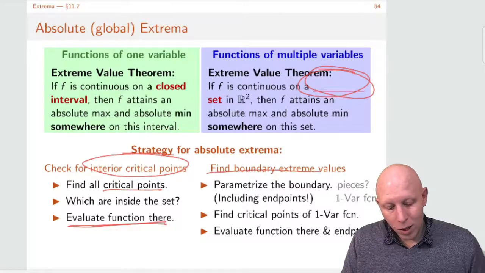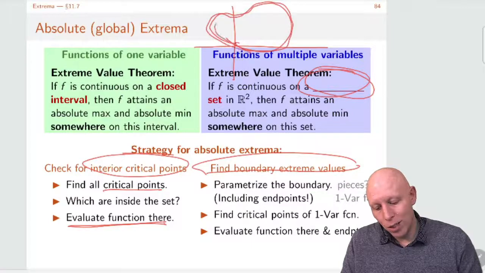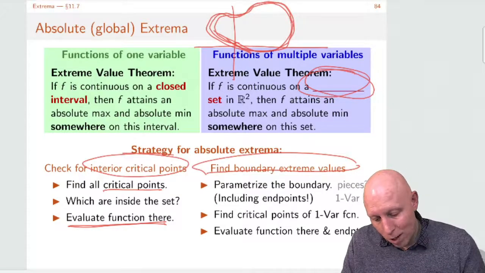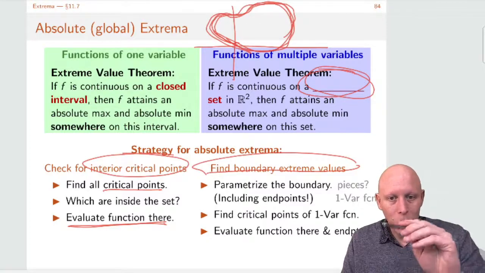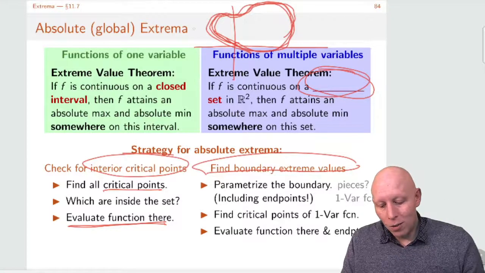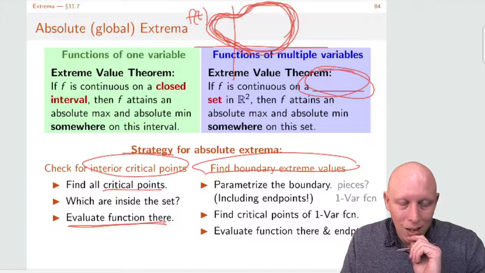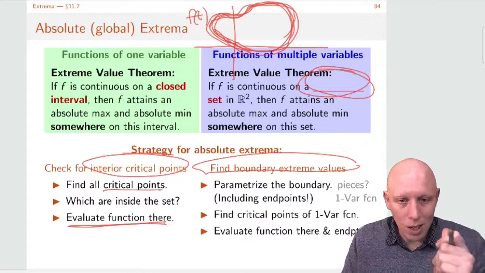Then we look at the boundary. Because this is some nice set, this set has a one-dimensional boundary. And so if you parameterize this boundary, we now have a function that goes along the boundary. What's the function value along that? It ends up being a function of the one parameter that's the boundary. And now you have a function of one variable, so you can find the critical points there.